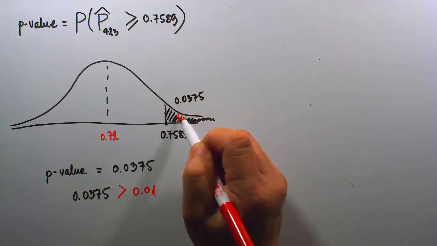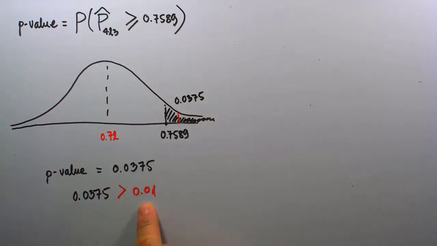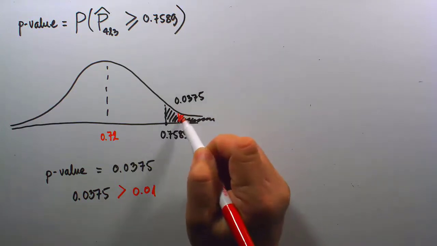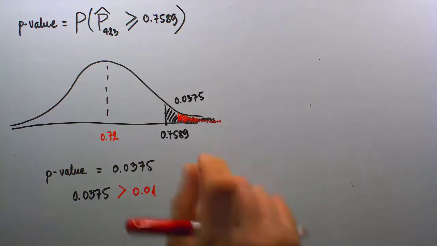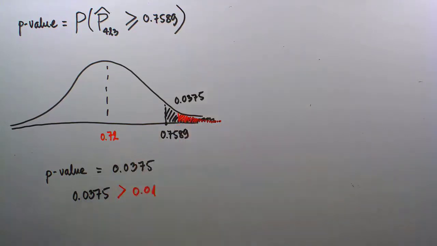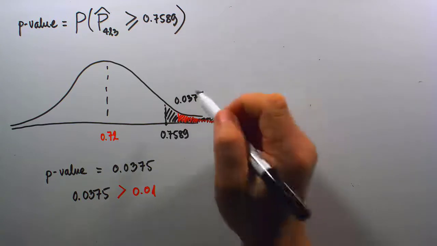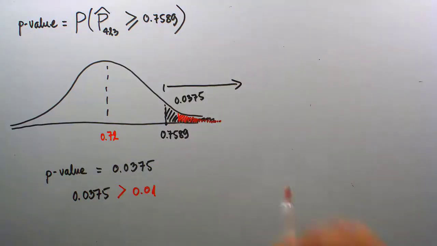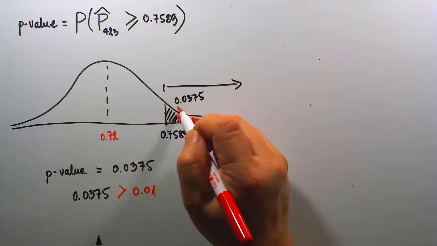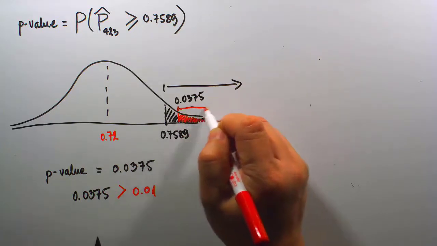Since the significance level is less than the p-value, the red area is drawn to the right like that, being a smaller value compared to the black shaded area. The black shaded area is all the way from here to here, whereas our red shaded area for the unlikely values is only here.